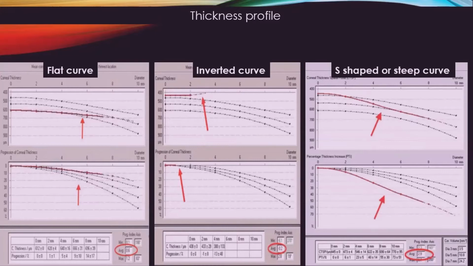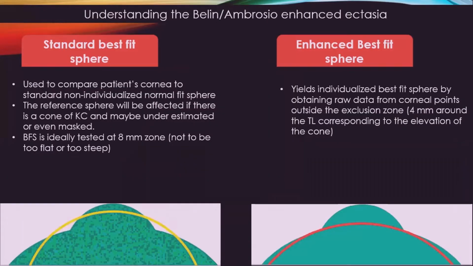Regarding the Belin-Ambrosio, we have to understand it. Usually in the standard elevation maps in the first page, the elevation is usually calculated using a standard best fit sphere, which means that I take a standard sphere and compare it to the cornea. The disadvantage of this method is that it could be affected by a cone of a keratoconus.